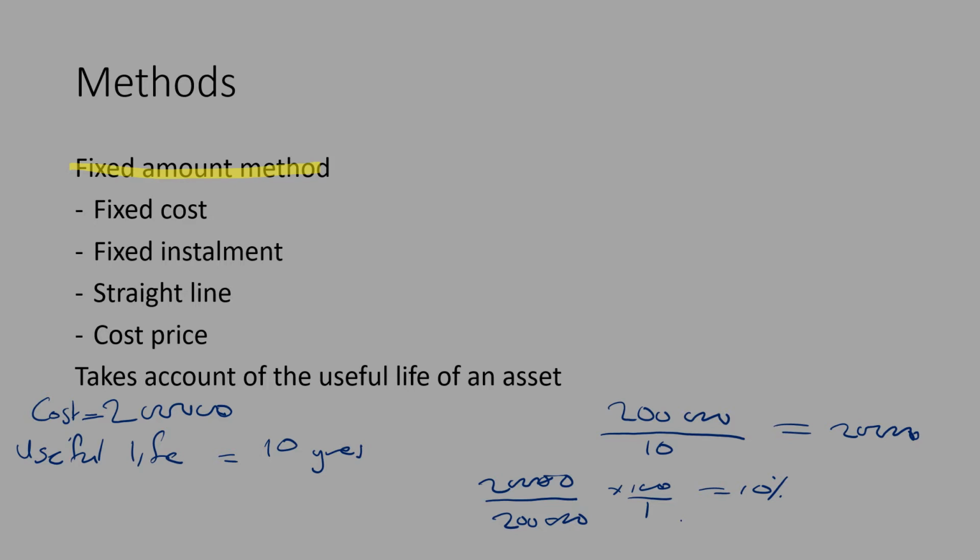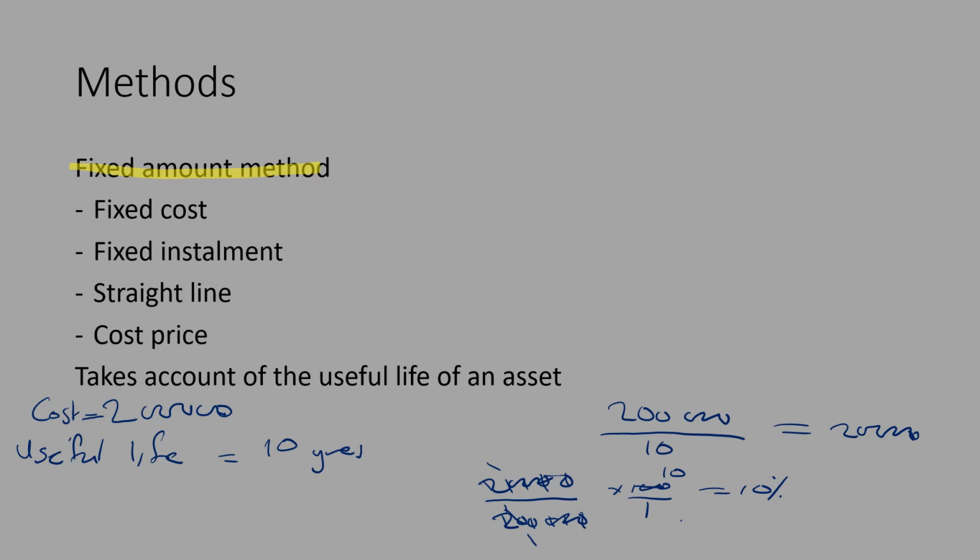If you want to calculate the normal way that I was taught at school, 200,000 into 20,000, that gives 10%. Just a mere calculation in case you run out of a calculator.